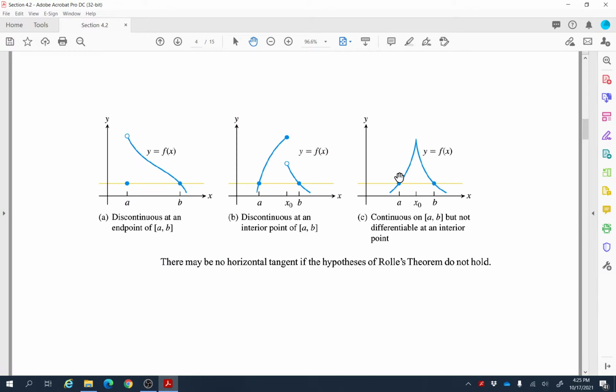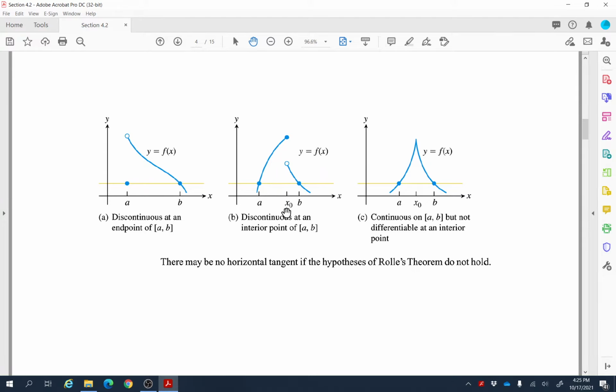Sometimes, for example in these three graphs, you don't see a derivative of 0, because there may be no horizontal tangent line, because they do not satisfy the hypotheses of Rolle's theorem. For example, the first one is a discontinuous function at a, there is a jump.